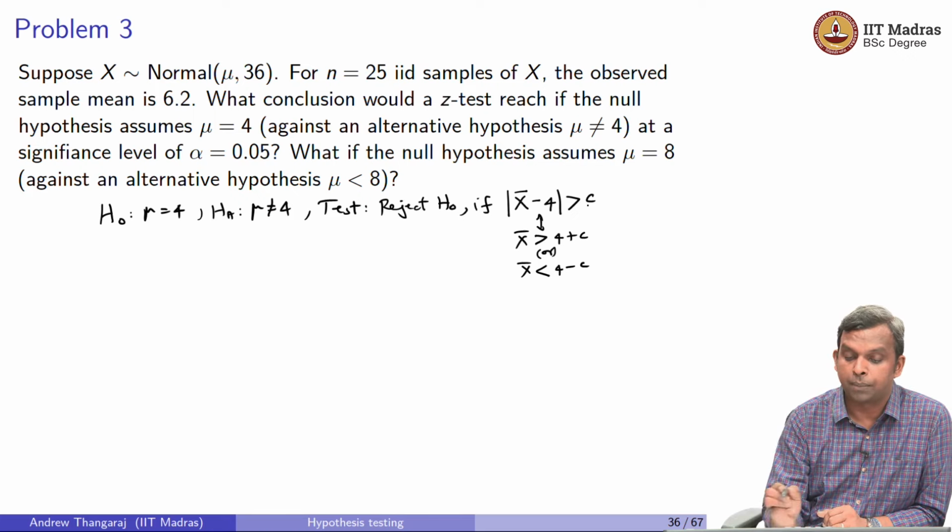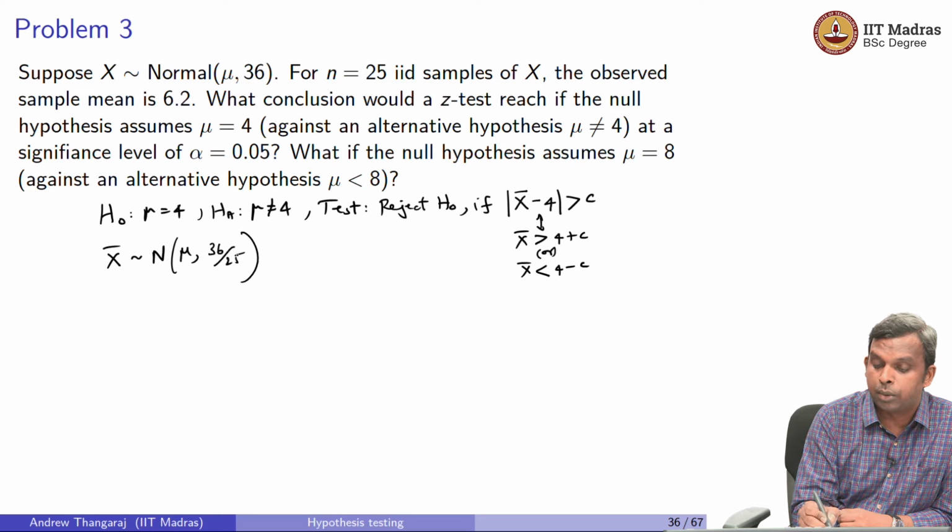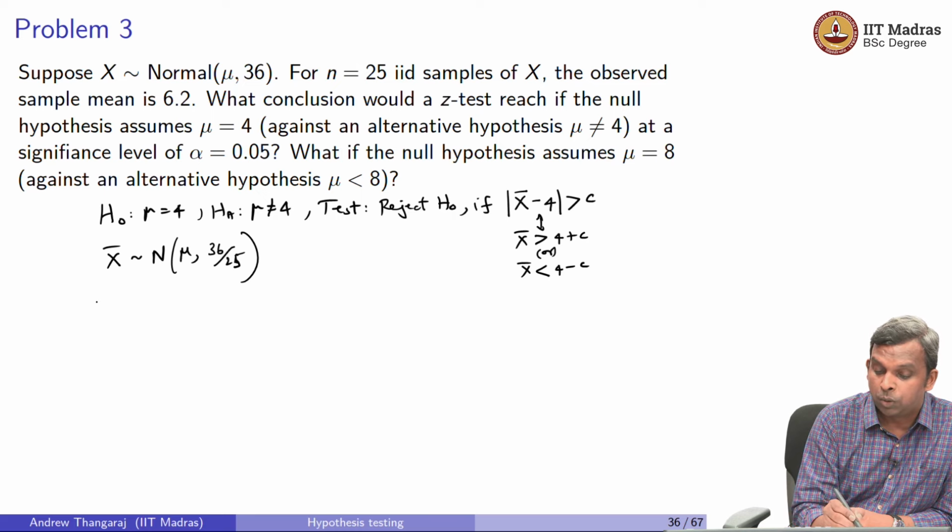Now what is x bar? X bar is normal, with mean mu and variance 36 by 25. Notice once again that 25 will come in. That is your number of samples. So alpha is the probability that you reject the null.